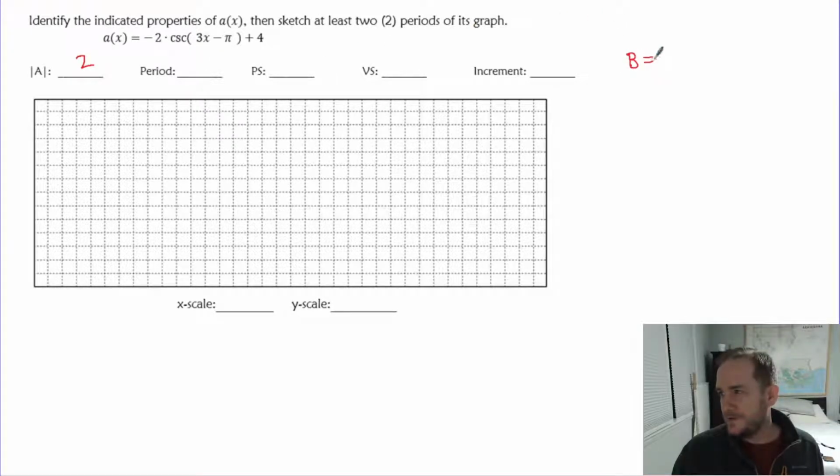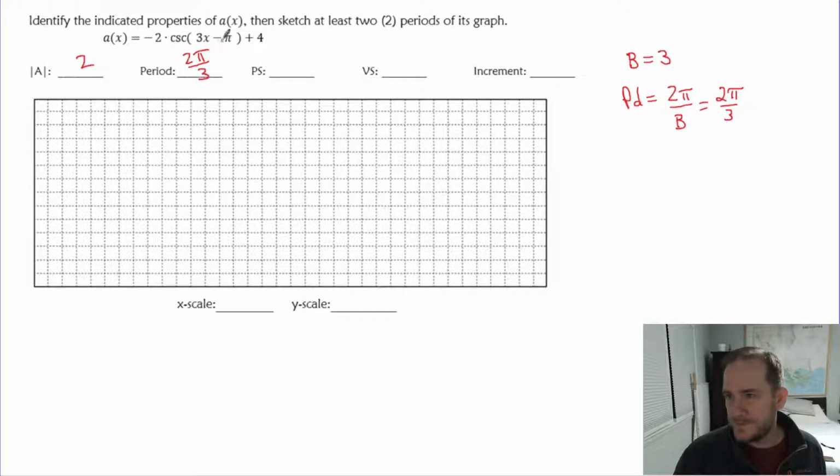Because if the b value is 3, then you know to find the period. For cosecant, we're still doing 2 pi divided by b. Remember, it's only tangent and cotangent that switched over to 1 pi divided by b. That's tangent, cotangent only. So we're going to end up with a period of 2 pi over 3. Hopefully that's clear to everybody.